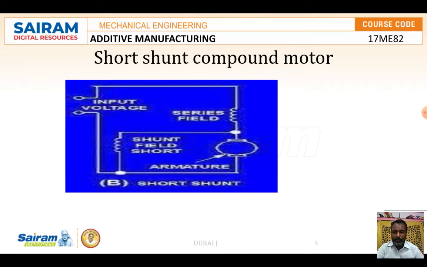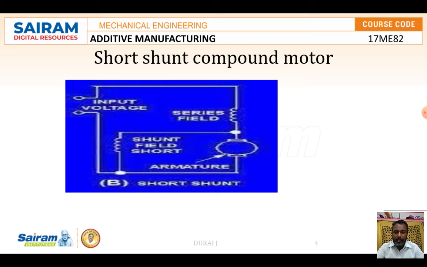In the short shunt compound motor, the shunt field winding is connected in parallel with the armature, like the shunt motor, and this assembly is connected in series with the series field winding. Then this type of motor is called a short shunt compound motor.